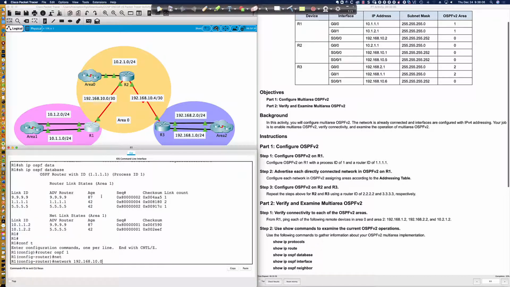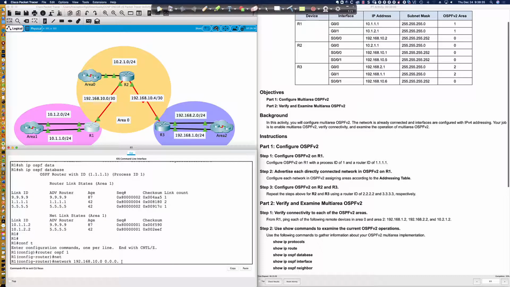And you can see they give us the network ID right here along with the subnet mask. And we know that a /30 means that the first 30 of 32 bits have been used to represent network bits, meaning I've only got 2 host bits left. And so that would be 255.255.255.252 in dotted decimal notation.